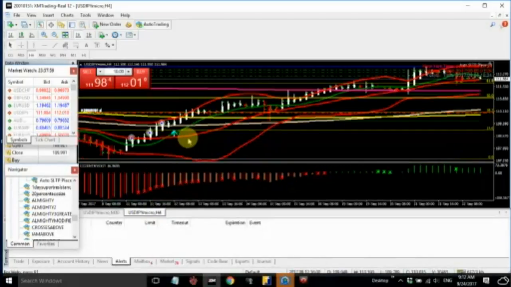Look at the price, it's above the middle band. That is the trend, that is where the price is going. The price is moving up right now, so we are above the middle band of the Bollinger Band.